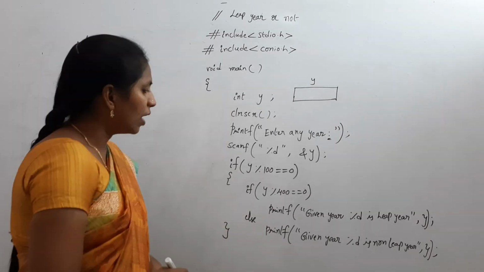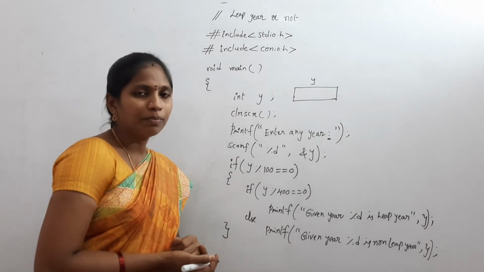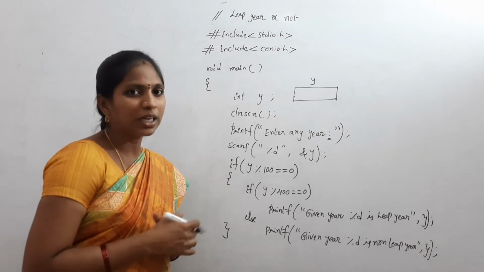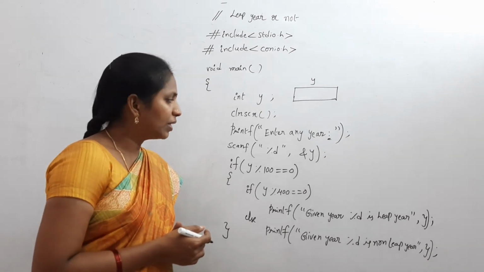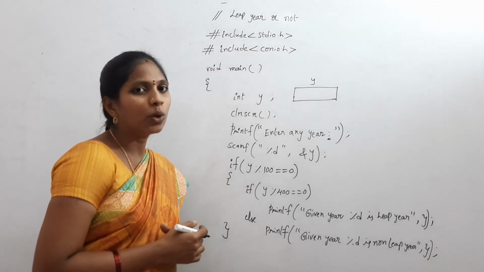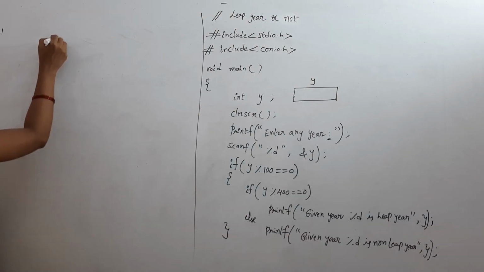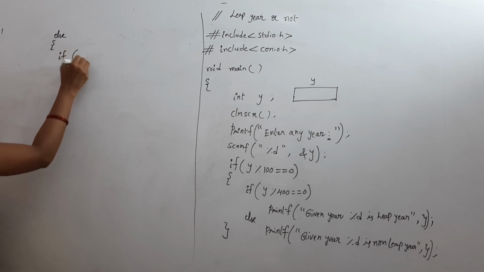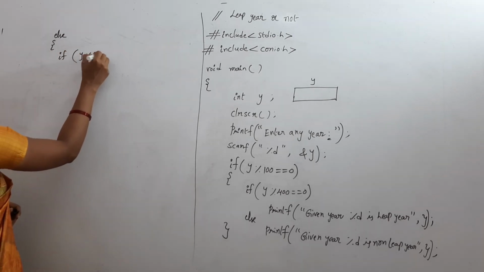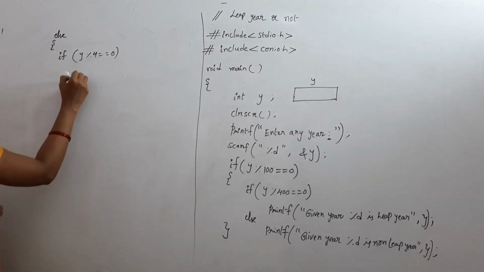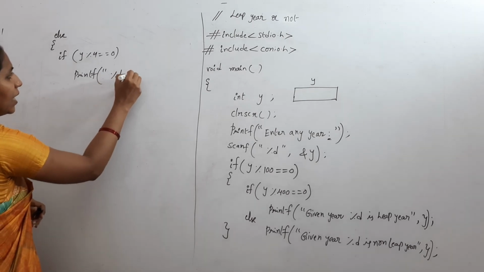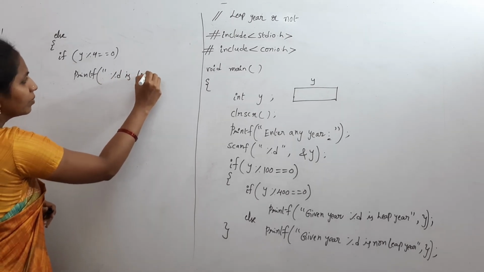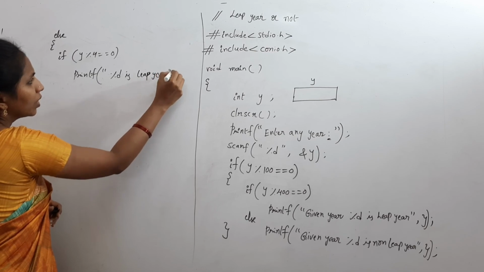So, curly bracket. For suppose the first condition is false, means the given year is not a multiple of 100. Then check for one more condition, that is y modulo 4 equal to 0. Then see the other condition: else if y modulo 4 equal to 0, then printf "%d is leap year", comma y.